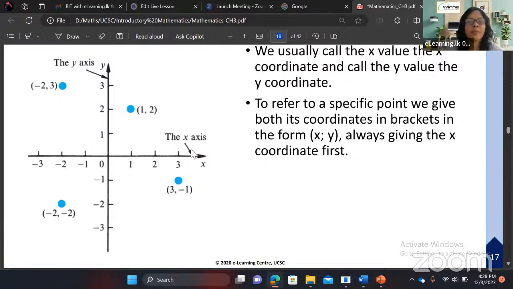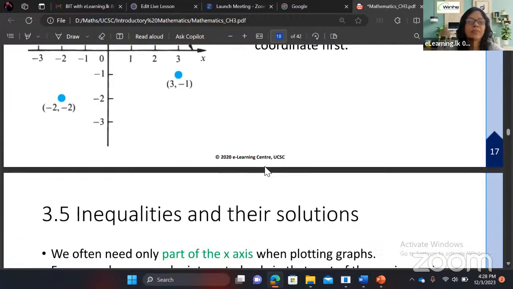We normally represent coordinates within brackets. Keep in mind that if you are asked to represent the coordinates of a given point, you have to write it within brackets, first the x coordinate value, then the y coordinate value.